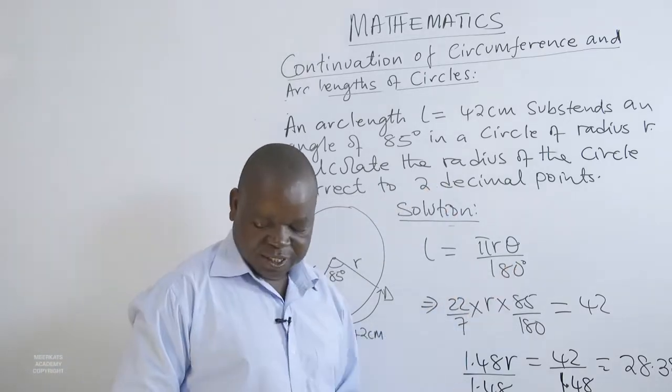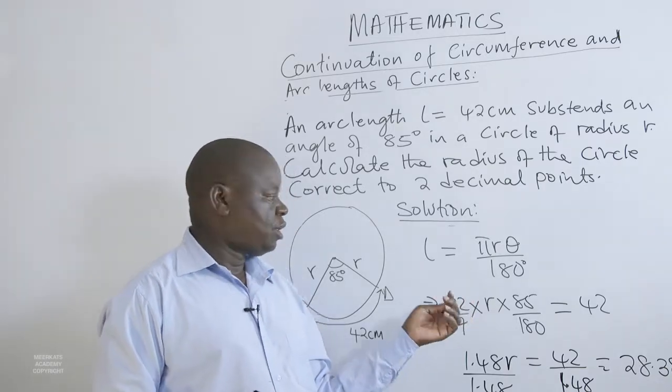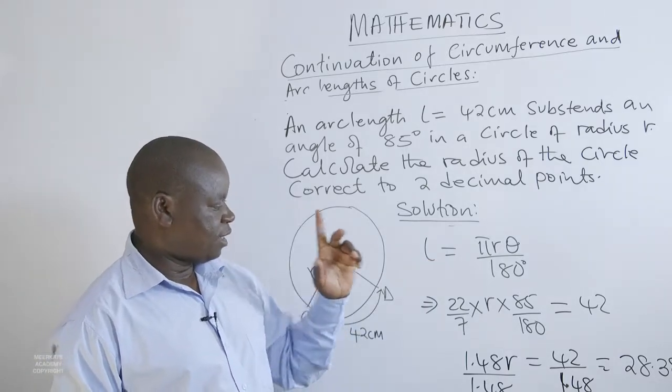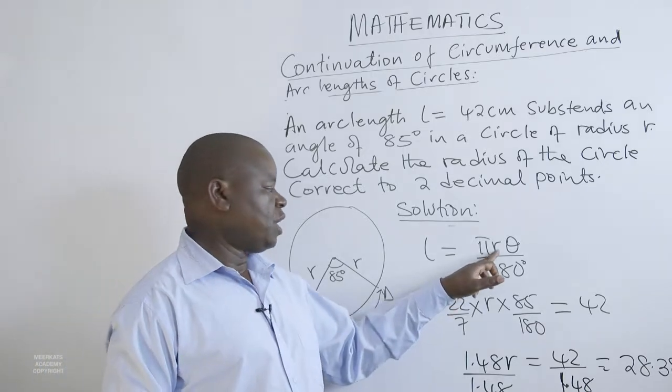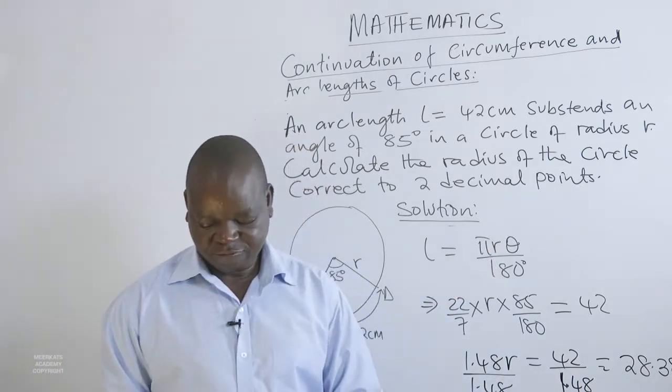So you can see we have looked at the 3 examples. The first example was on calculation of L. The second example was on the calculation of theta. And the third example now is on the calculation of R, which we have done successfully.